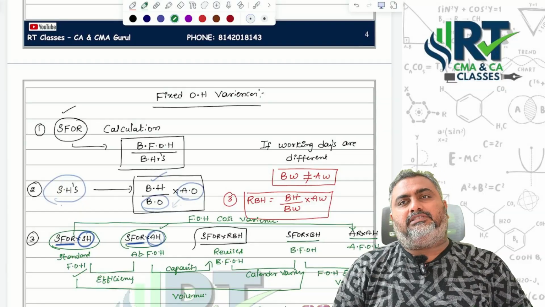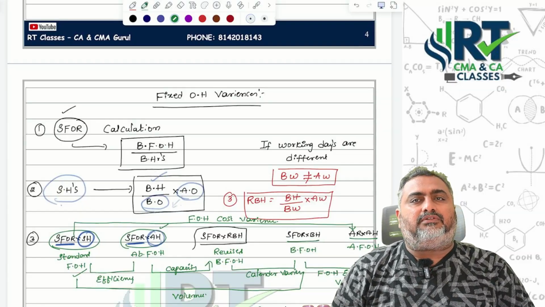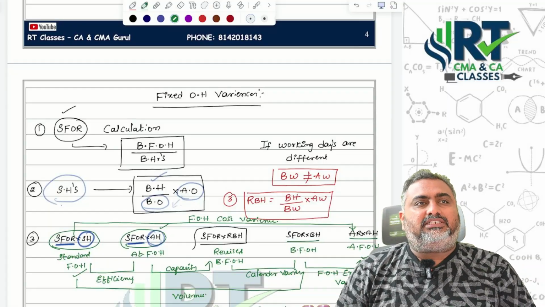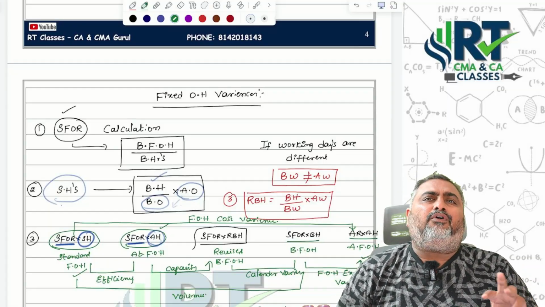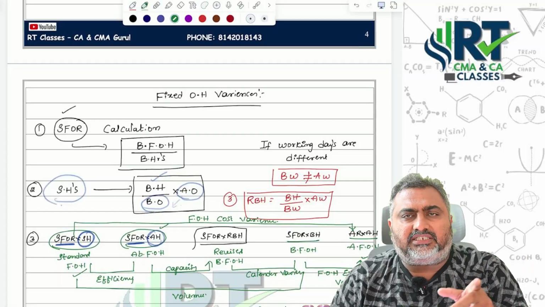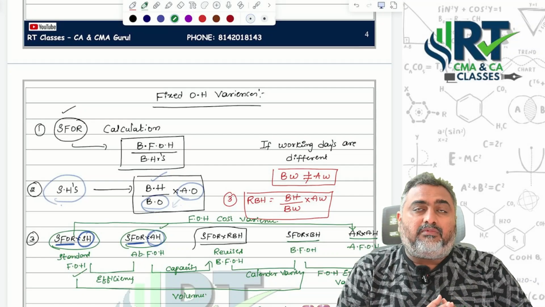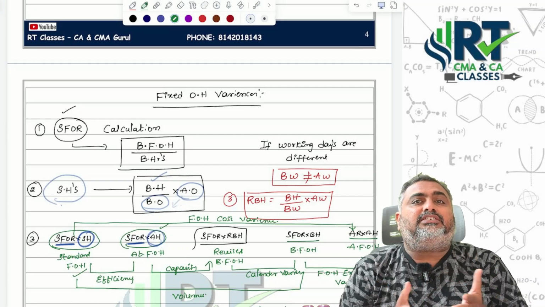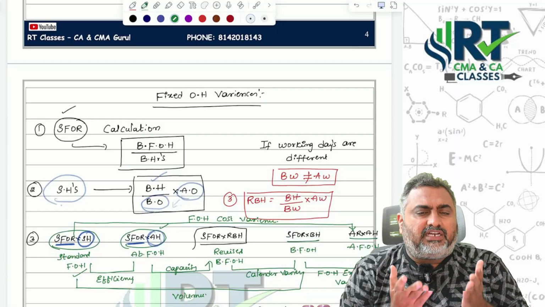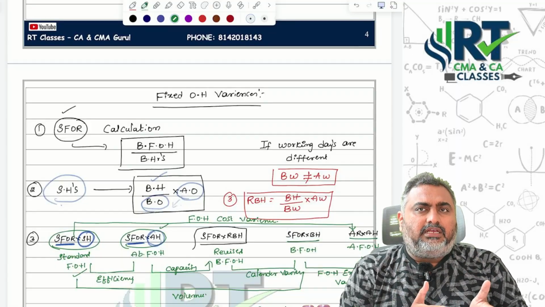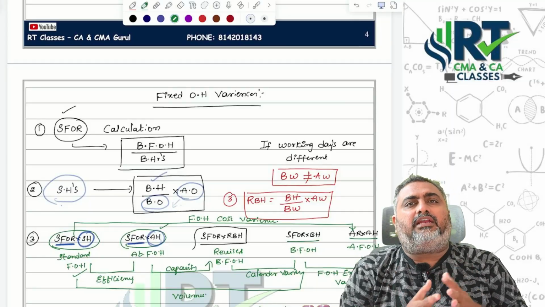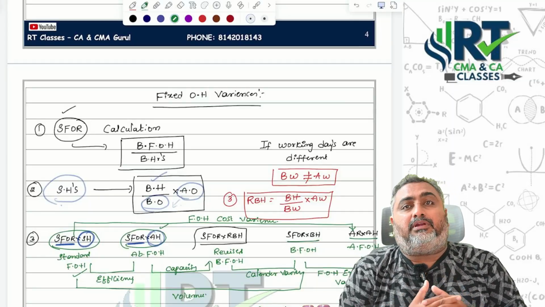Finally, capacity variance. Your absorbed fixed overheads versus your revised budgeted fixed overheads: SFOR into AH minus SFOR into RBH. How much you want to absorb? After that, how much you revised? Your revised budget, compared to your budgeted, is more realistic; that defines your capability.